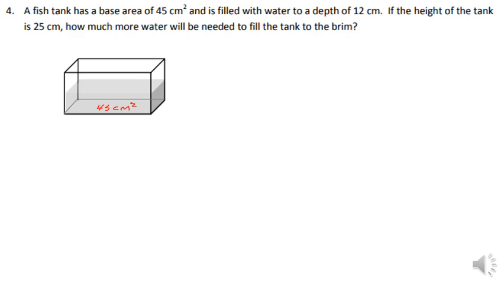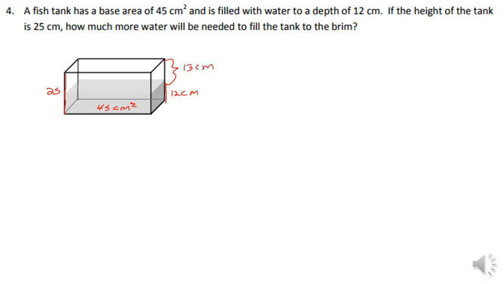And it's telling me that that water is filled from here to here with 12 centimeters of water. And it says the total height here is 25. So I know this area right here, which is for water, is going to be 25 minus 12, which is 13 centimeters.